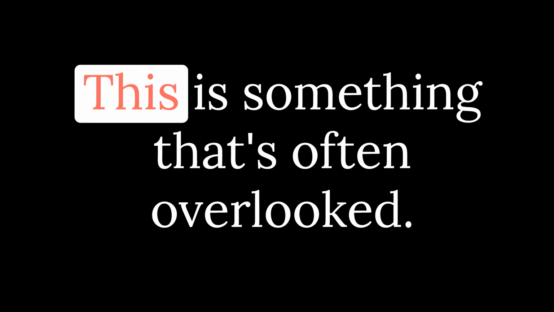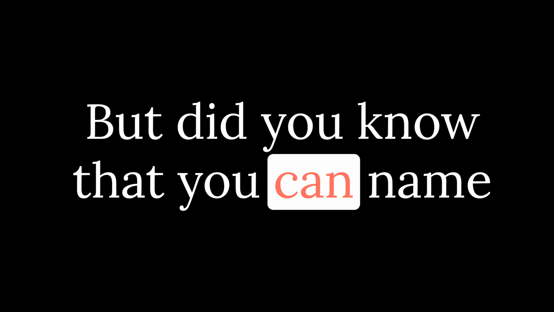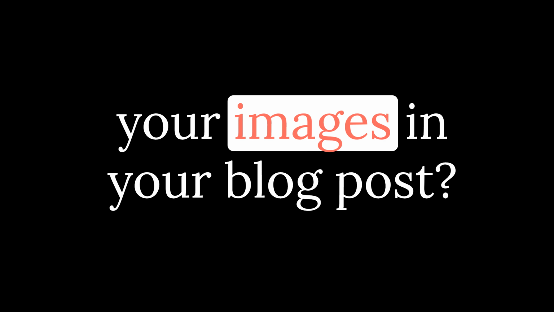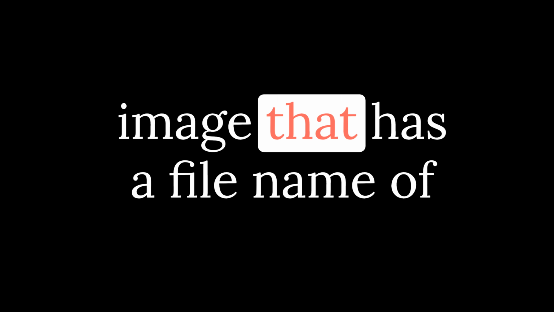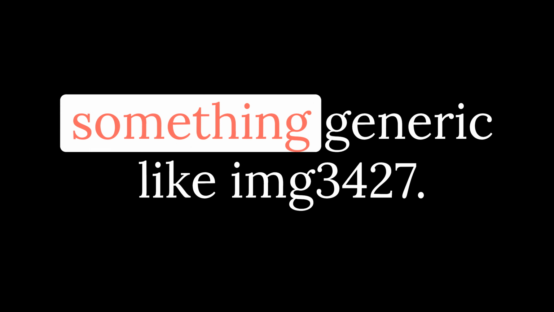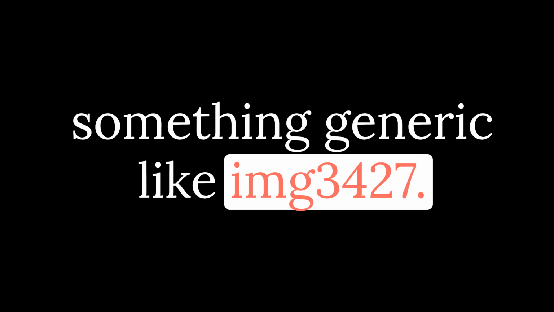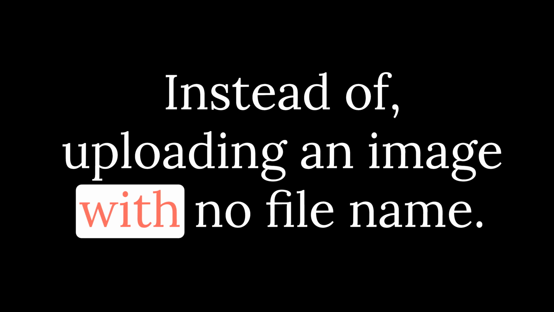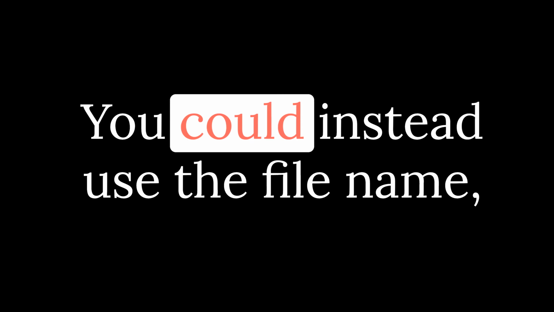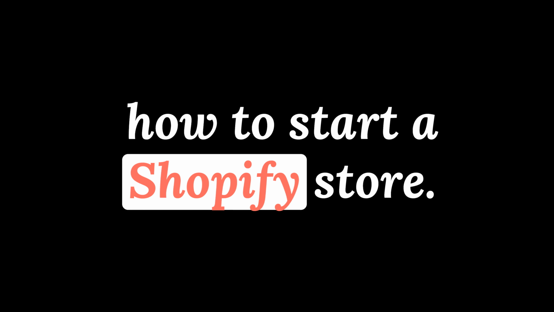Number three, this is something that's often overlooked, but did you know that you can name your images in your blog post? What I mean by that is instead of uploading an image that has a generic file name like IMG three, you could instead use the file name how to start a Shopify store.